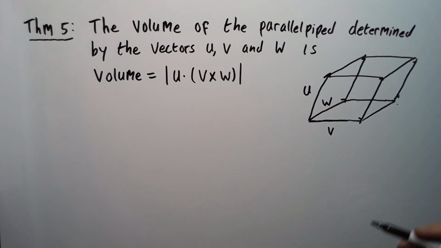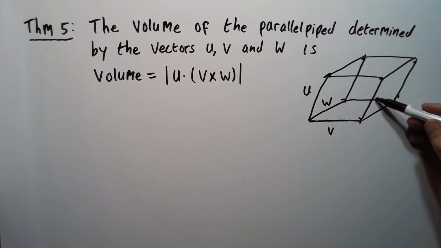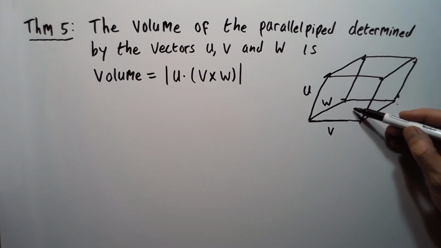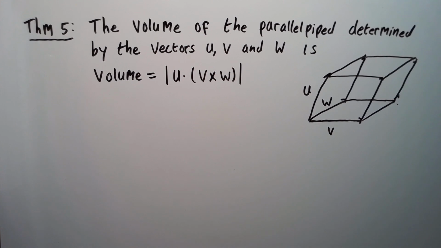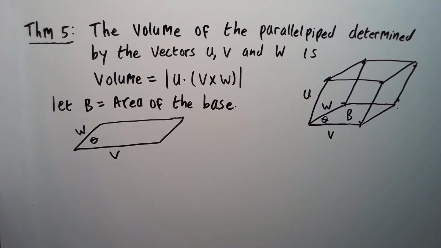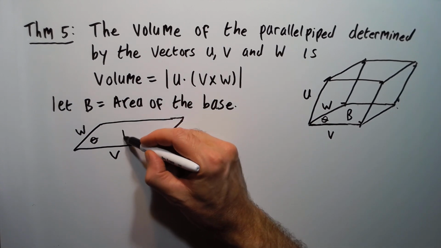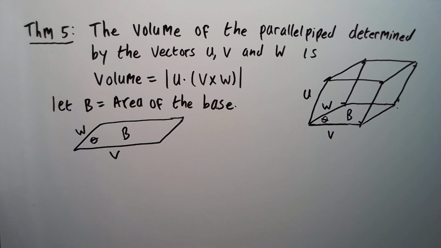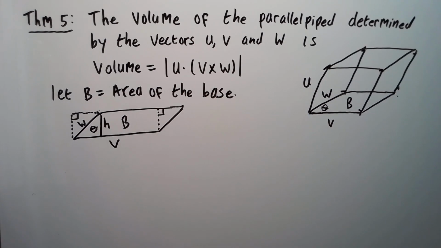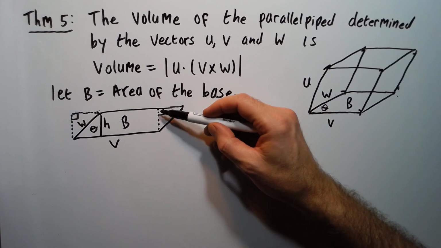Okay, I'm going to call the area down here B of the base. Let me do that. So letting B be the area of the base. I'm drawing it over here also. Now I want to try and figure out the area of this guy here, so I'm going to cut it up. So let me draw in some dotted lines. Okay, so I drew a dotted line here.